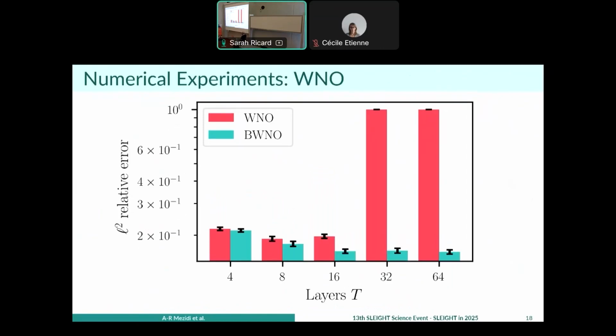For our model, we have an increase of performance when we increase the number of layers, and for the standard one, we can see that especially for 32 and 64 layers, this model is not able to learn at all. You can see that specifically we have an exploding gradients problem. Even with gradient clipping, we are not able to train this model properly.